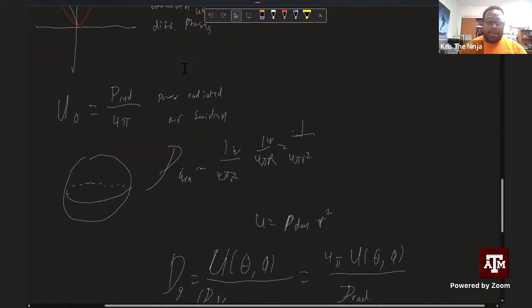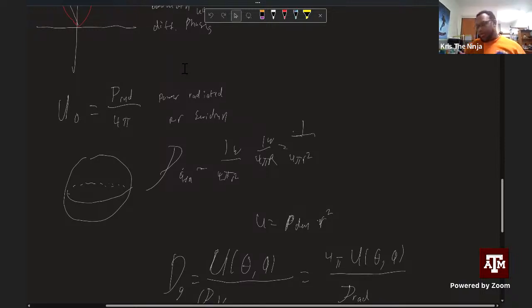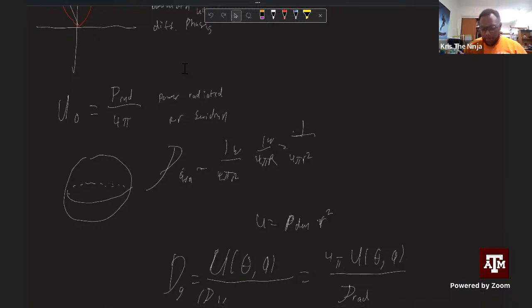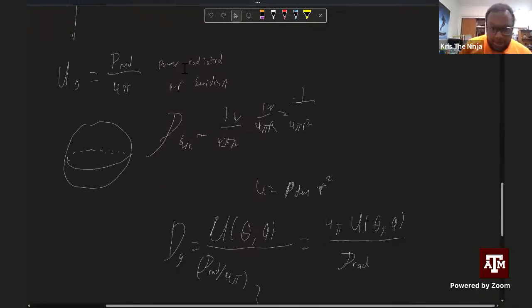To find the power radiated, since we said U naught is 150, if we multiply 150 by 4 pi, that tells us our power radiated is 1.8 kilowatts. So we can find power radiated that way.